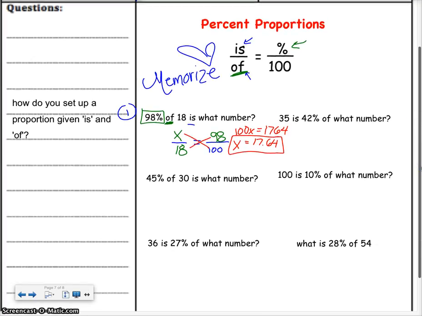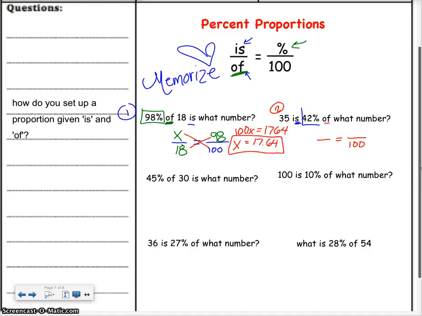Okay, the next one. 35 is 42% of what number? So again, I see the vocab word is and of. So I create my percent proportion. My is over of equals percent over 100. I identify my first vocab word, which is, and I look at the numbers right next to it. I have 35 and 42%.